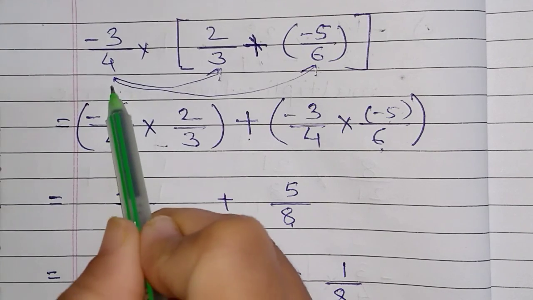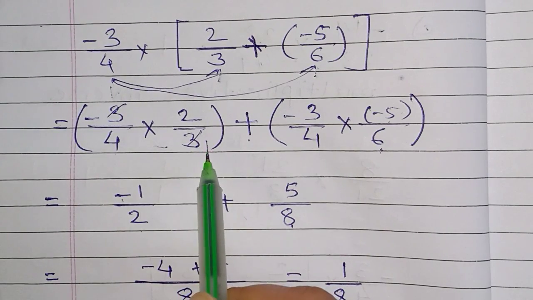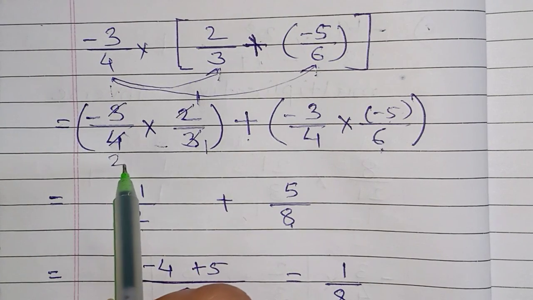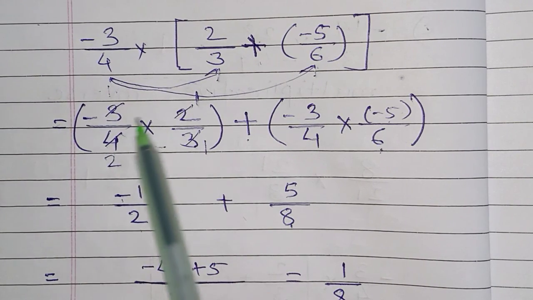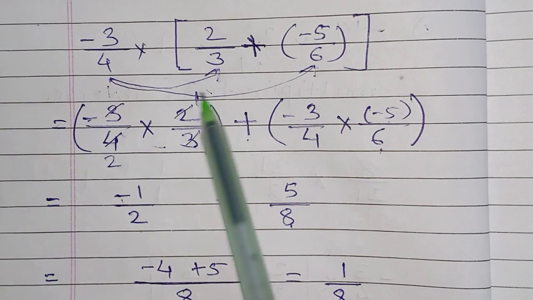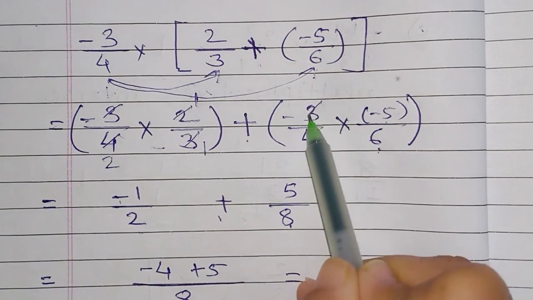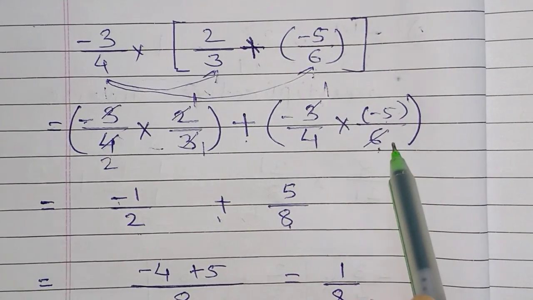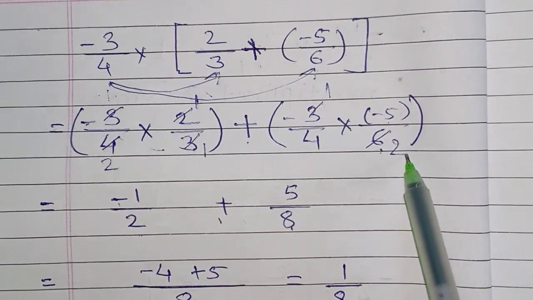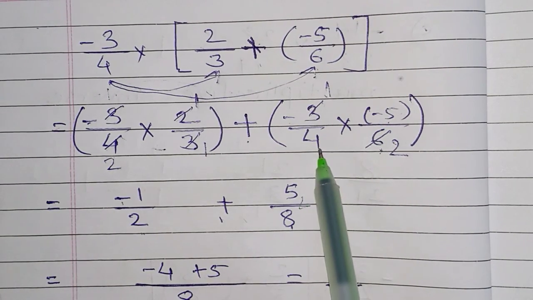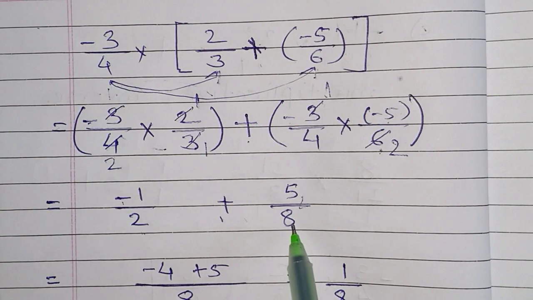See here, 3 ones are 3, 3 ones are 3, 2 ones are 2, 2 twos are 4. So it remains, minus sign is there, 1 upon 2 plus, 3 ones are 3, 3 twos are 6, minus 1 into minus 5 gives me the answer plus 5, 4 into 2 gives me the answer 8.